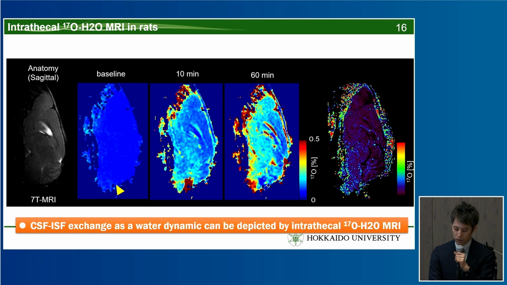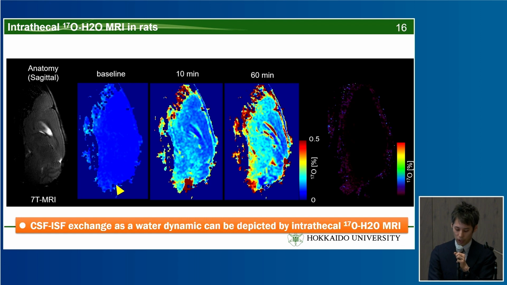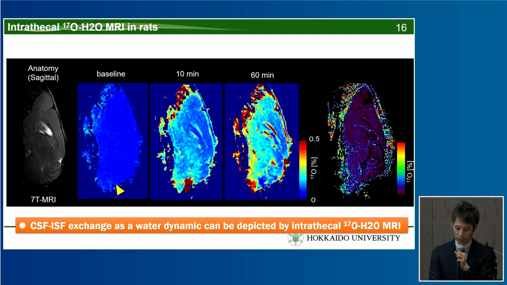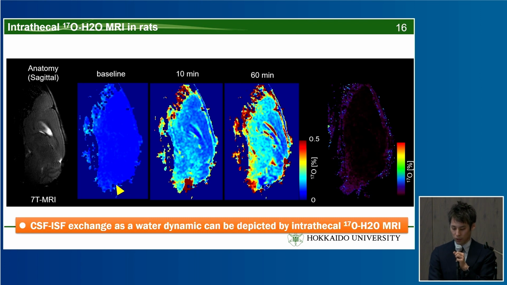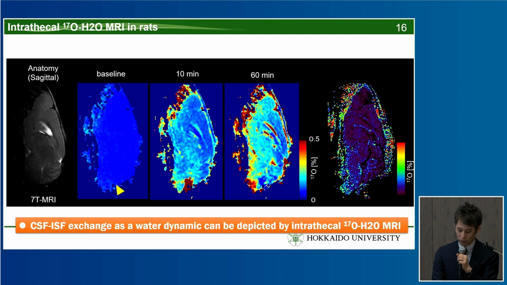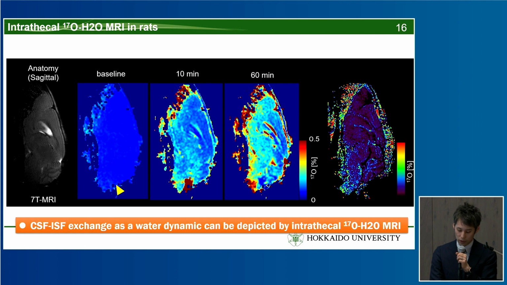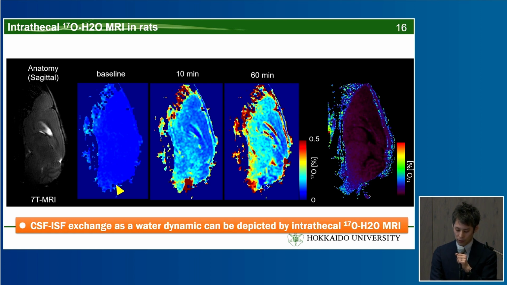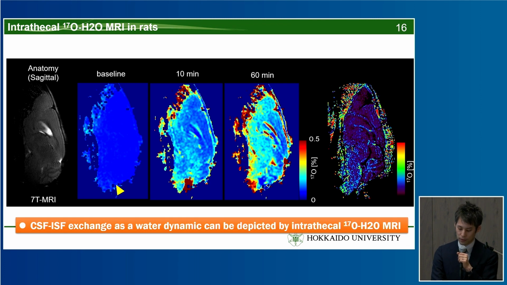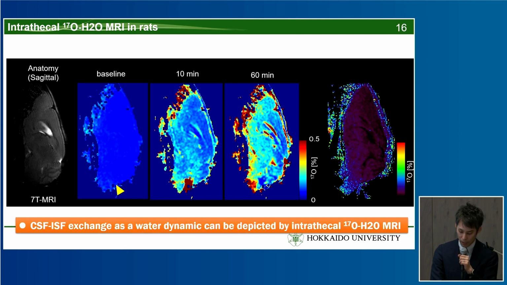This is an O17 concentration map calculated from the degree of signal reduction using serial T2-weighted images, while intracisternal O17 water was administered. As seen, the gradual distribution of O17-labeled water into the brain parenchyma was observed, and we are confident that this approach can be used to assess the movement of water from the CSF to the brain parenchyma.